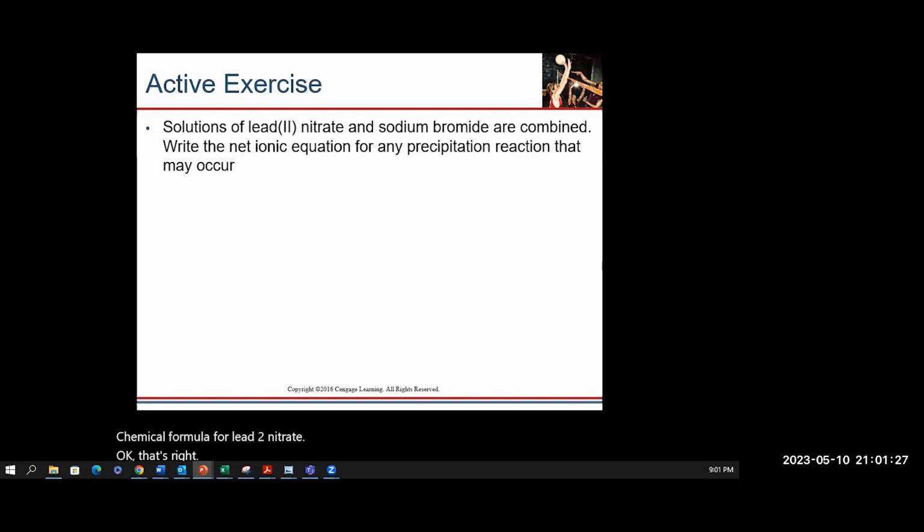So Stephanie says Pb(NO3)2, plus, what about sodium bromide? Okay, NaBr, that's correct.